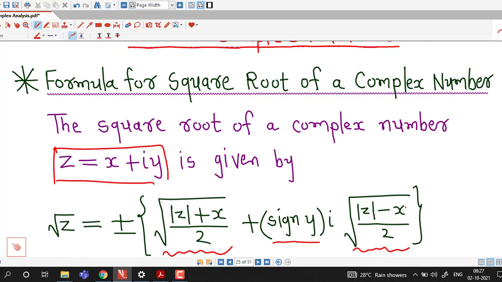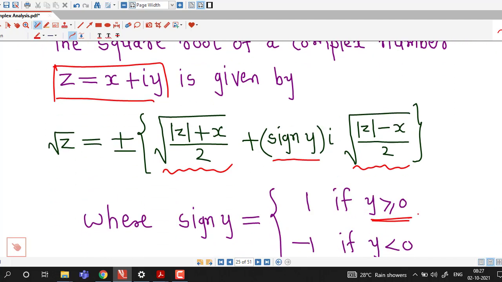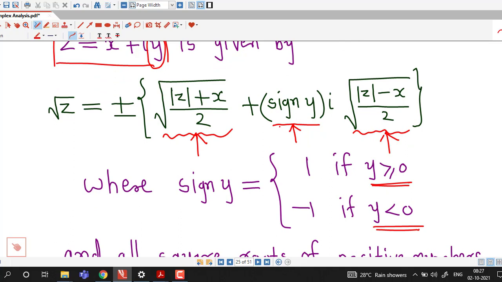So this is a shortcut formula for the square root of a complex number, and it is easy to remember. In the square root we consider (mod z plus x) by 2, and here we consider (mod z minus x) by 2, and depending on the sign of y, whether y is non-negative or negative, sgn y is 1 or minus 1.